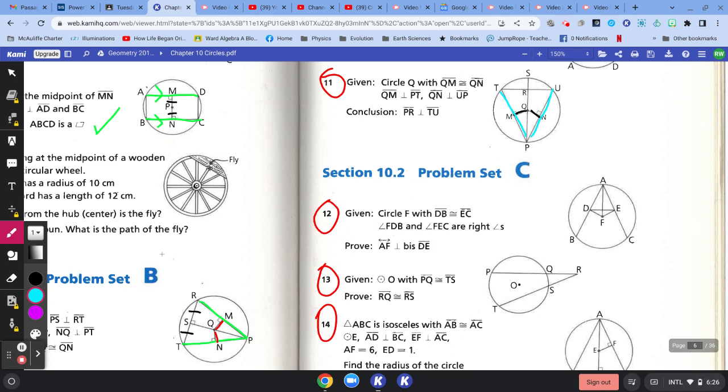We can very easily do that by drawing a radius from Q to U and also from Q to T. Those radii are congruent because it's a circle and Q is the center. And so Q also is on the perpendicular bisector.